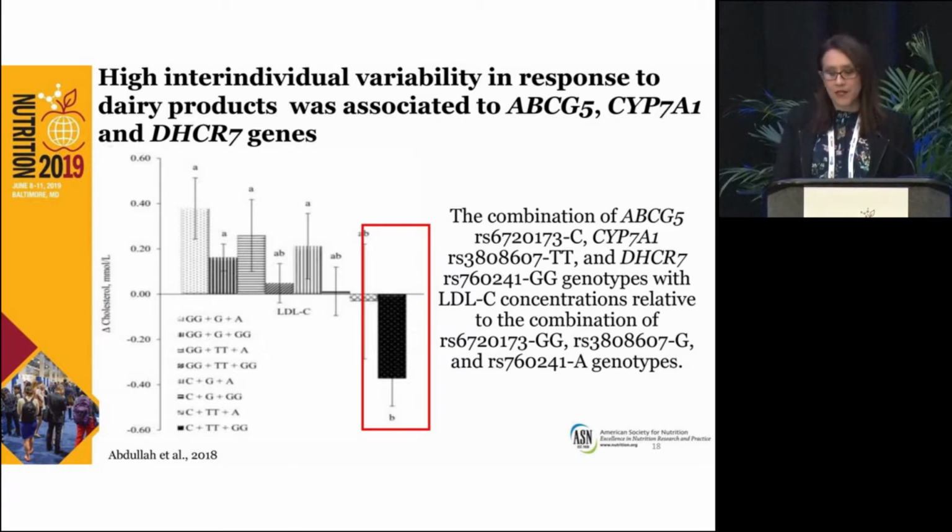But my big question here is: I don't only want to identify the individuals who benefit from dairy products. I want to identify the person before a diet intervention. Is this person going to have a decrease in total cholesterol after the clinical trial? So applying linear regression models explains the variability and the variance across all those groups.